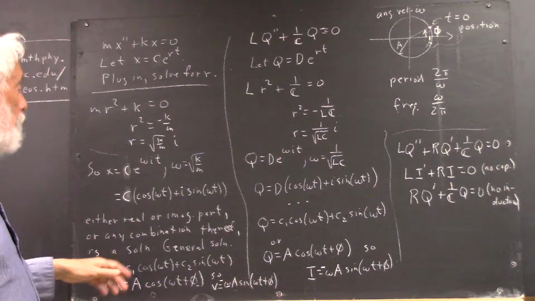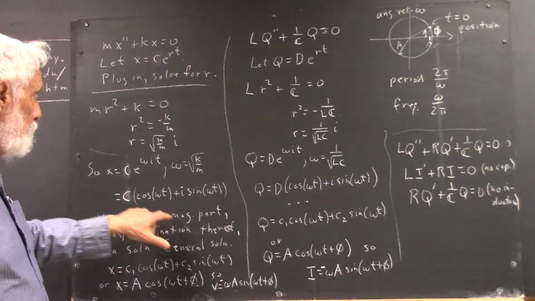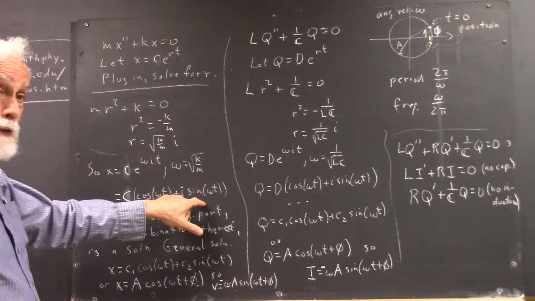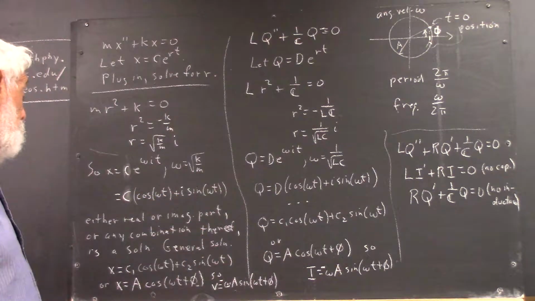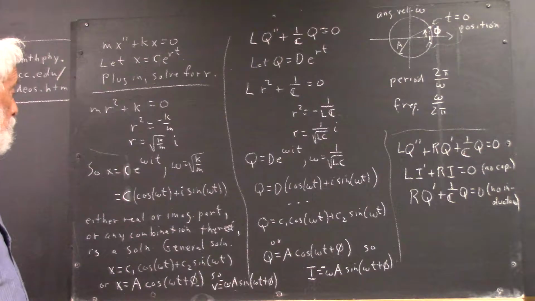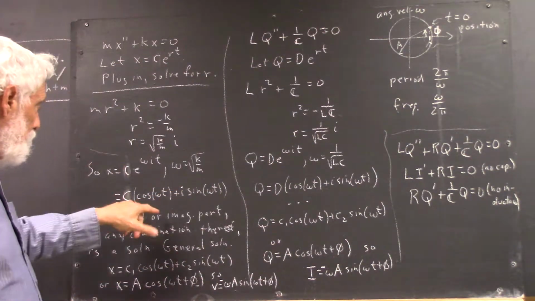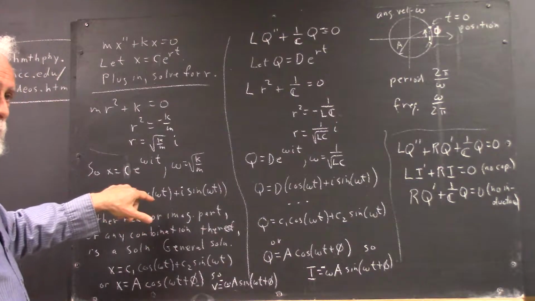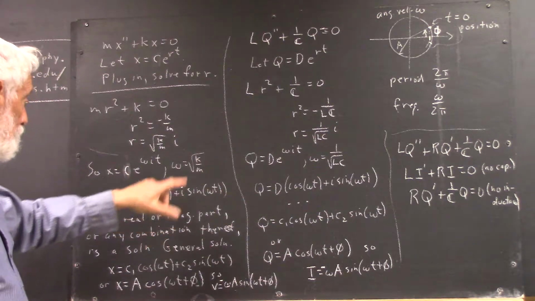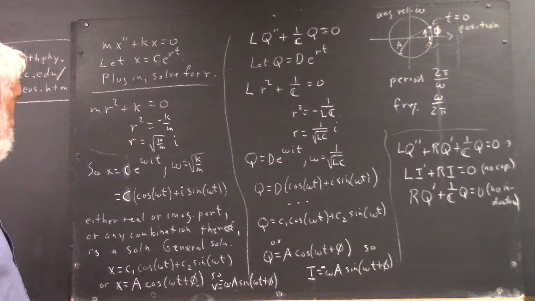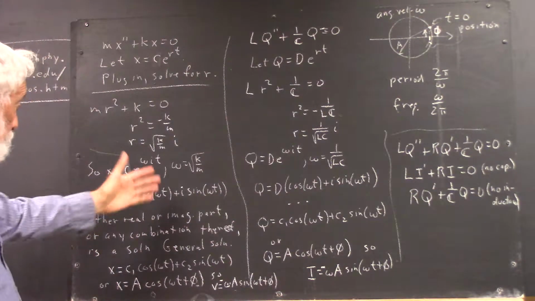So whatever combination of a cosine and a sine, if we want 7 cosine plus 3 sine, okay, we could let C equal 3 minus 7i. And we would get a real part that's equal to 3 cosine plus 7 times the sine of omega t. So it's very easy to do that.